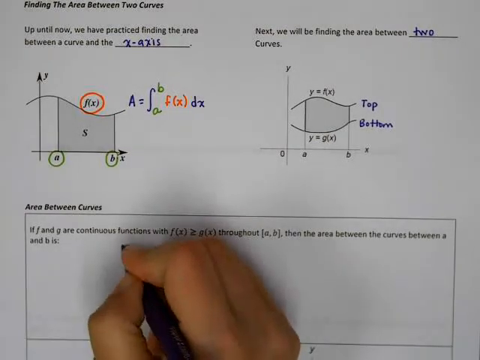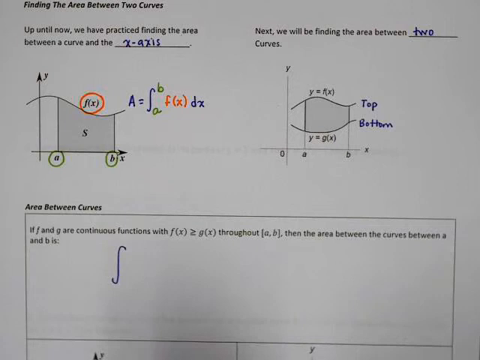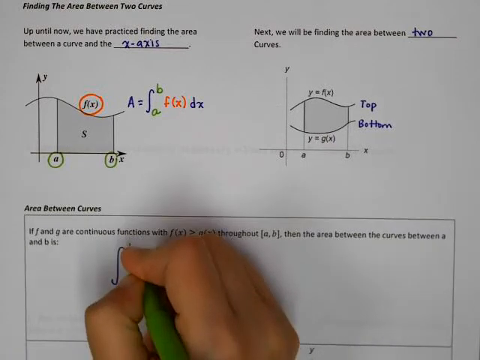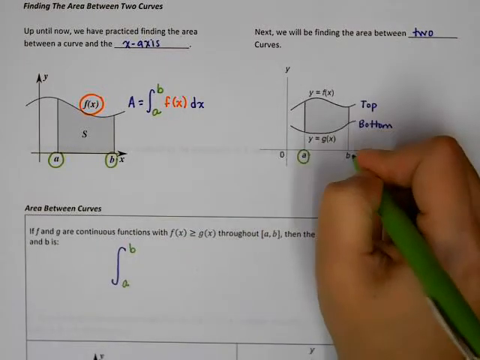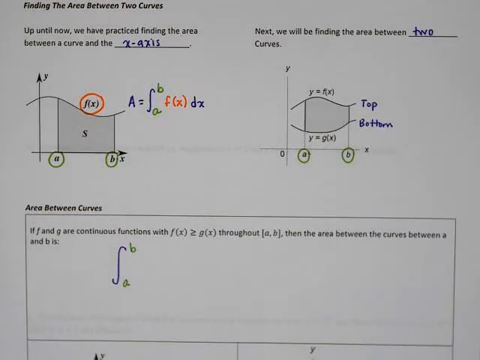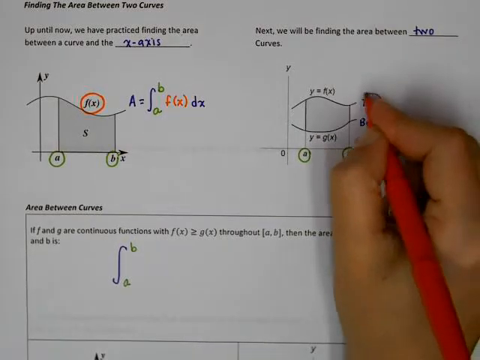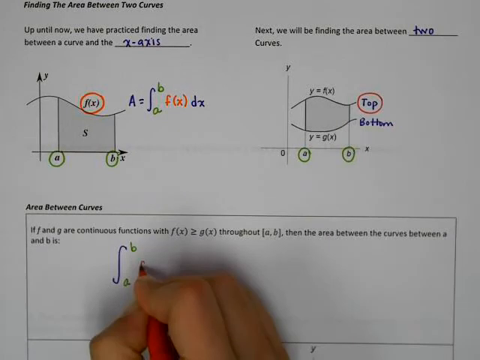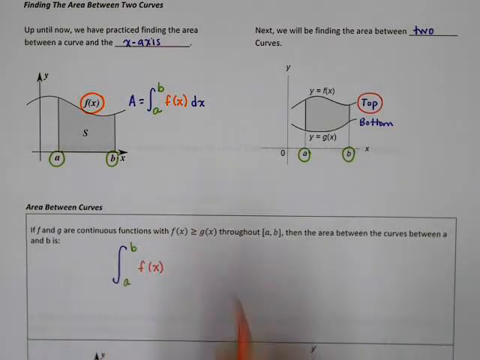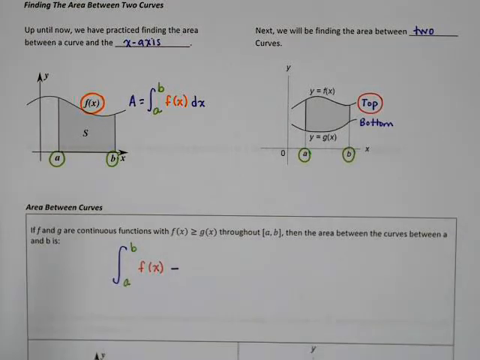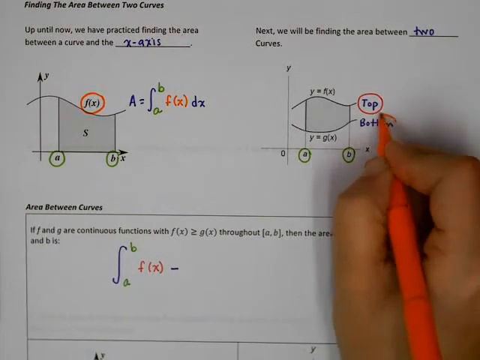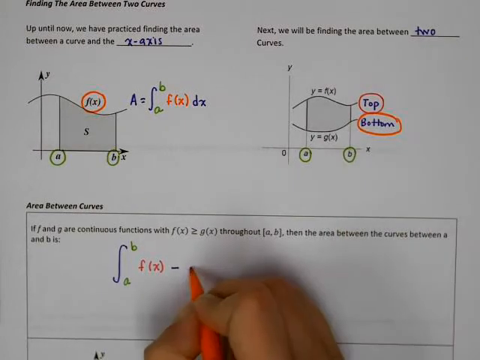We would integrate from a to b, so we're still using the x values on the x-axis as bounds, and we would do f of x, which is our top function, minus g of x, which is our bottom function.